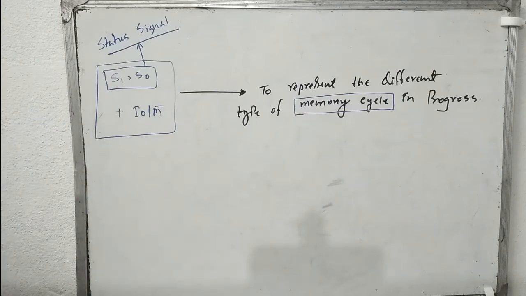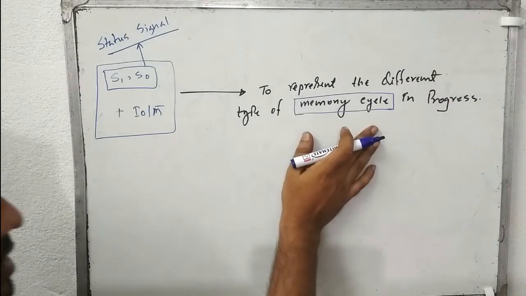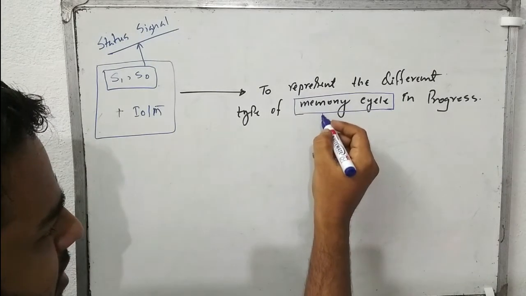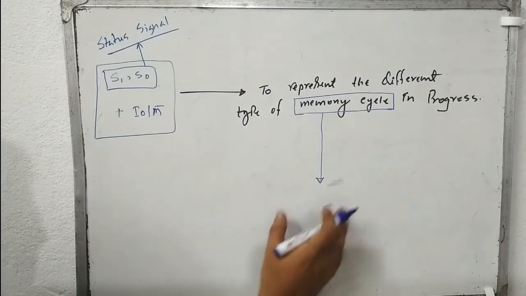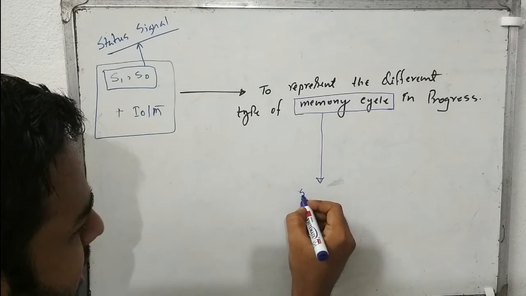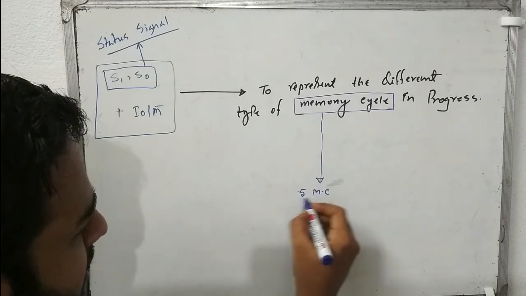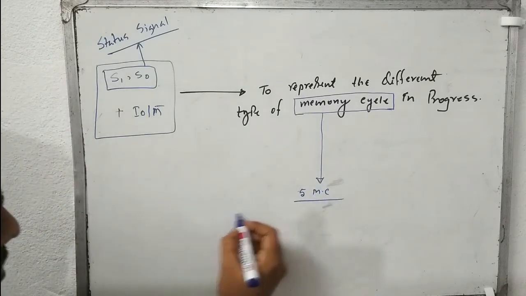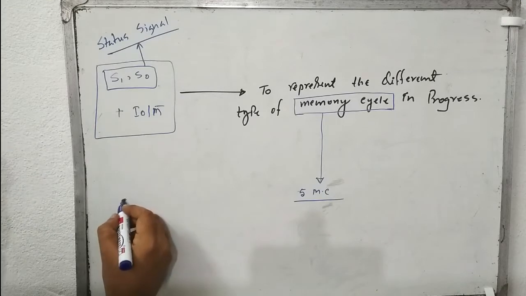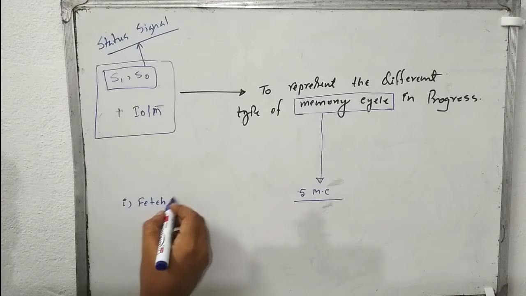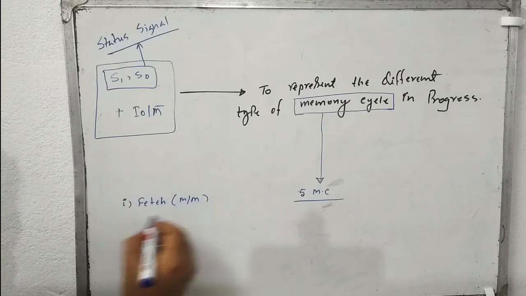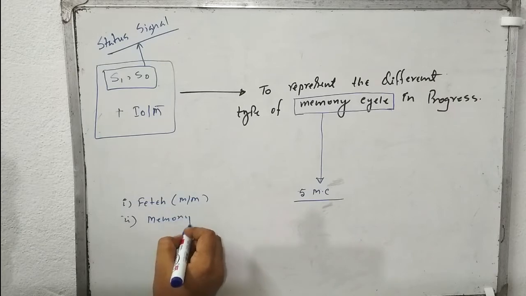We will discuss this memory cycle in detail in our coming session, but let's see what memory cycles are available in the 8085 microprocessor. There are 5 memory cycles available. What are the 5 memory cycles? First one is memory fetch. Second is memory read.